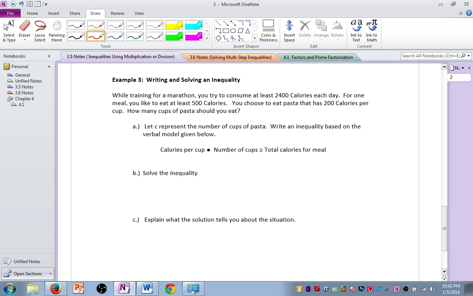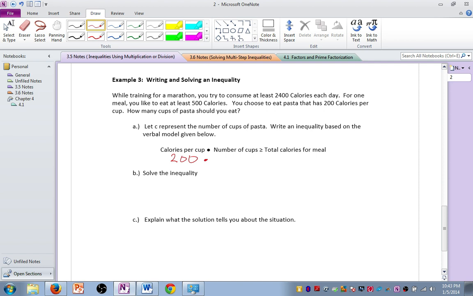So we want to figure out how many calories per cup there are, times how many cups we need to eat. And we want that to be more than, or equal to, the total calories for the meal. So based on the word problem, our calories per cup is 200.